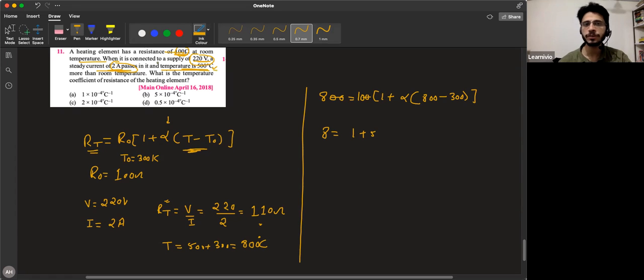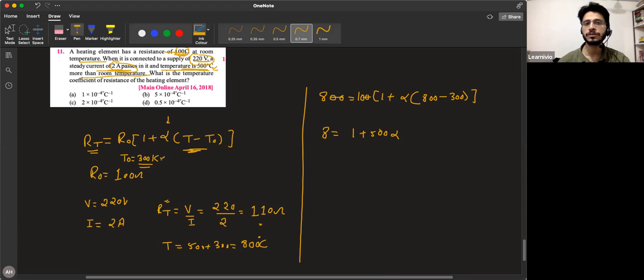So at this temperature, the resistance is V by I, which is 220 by 2. Is it clear? Sir, how have we written 800 there? This is given. We know that room temperature is 300 Kelvin, and the question mentions the temperature is 500 degrees Celsius more than room temperature.